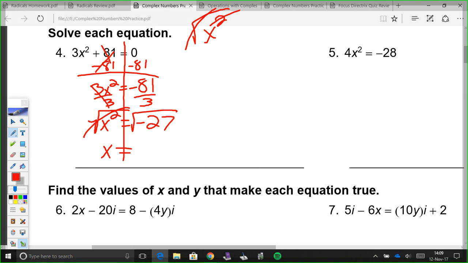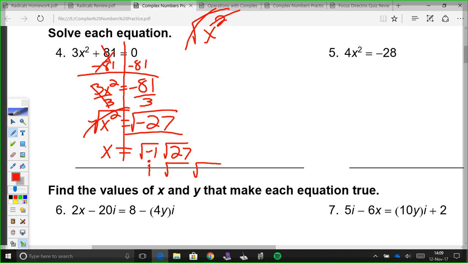But now I've got one of these to simplify. So just like previous problems, separate your negative from your number, the negative from the 27, and then simplify those parts. So square root of negative 1, just like always, we're going to call that i. And the square root of 27, just like the 18 in the previous problem, is not a perfect square, so you try to break it up.